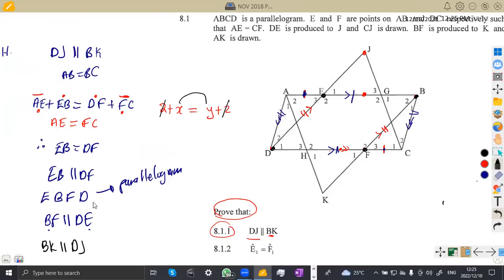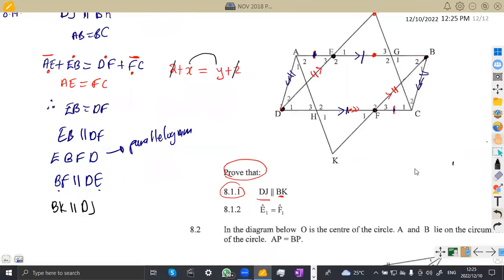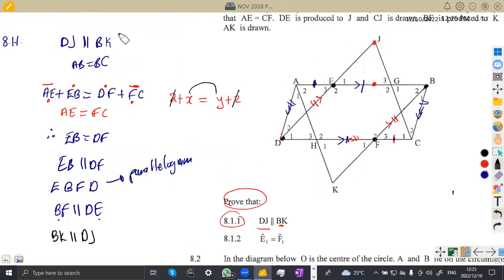From D to J, the whole of that line is actually the same because it's in the same line. So BK is in the same line with the BF. This DJ that we see is in the same line with the DE. So they are parallel to each other. So this is what we actually needed to prove, that DJ is parallel to BK.